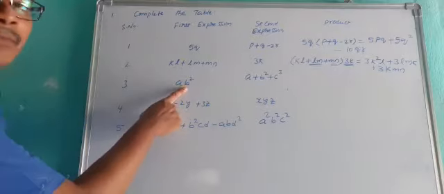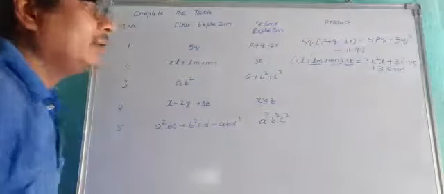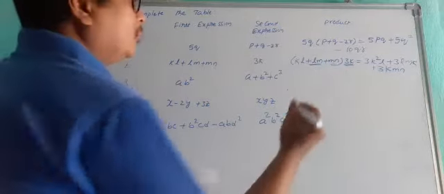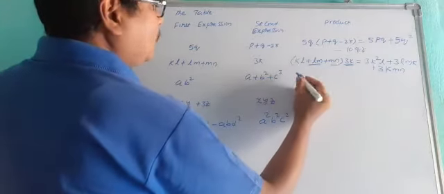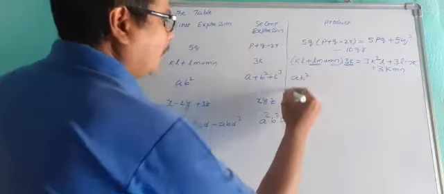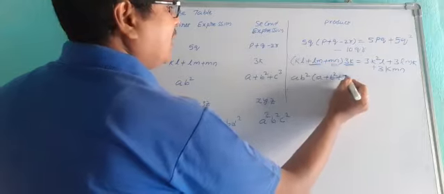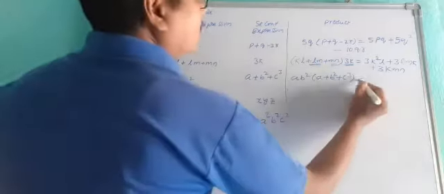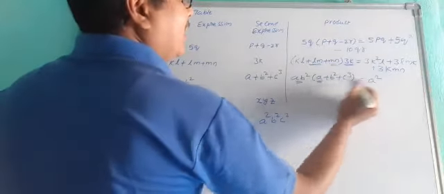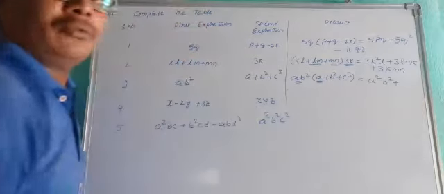Now next one, the product of the given monomial ab square into the given trinomial a plus b square plus c cube. That means ab square into a plus b square plus c cube is equal to ab square into a, which is a square b square. Positive quantity into positive quantity.